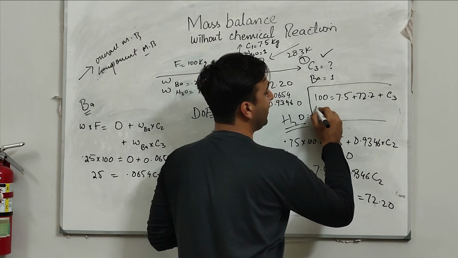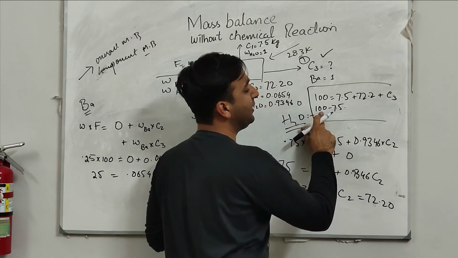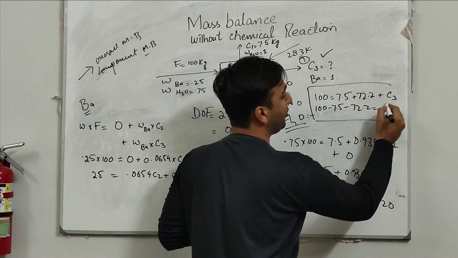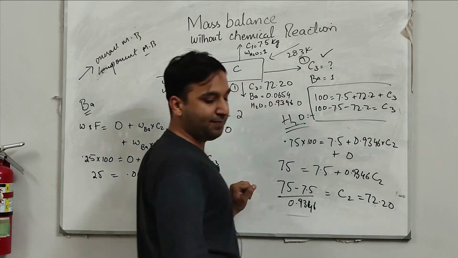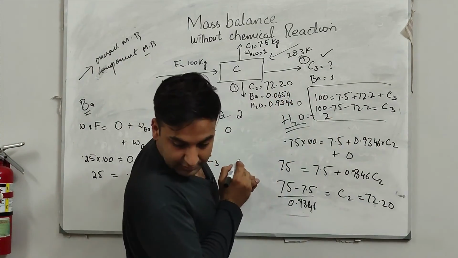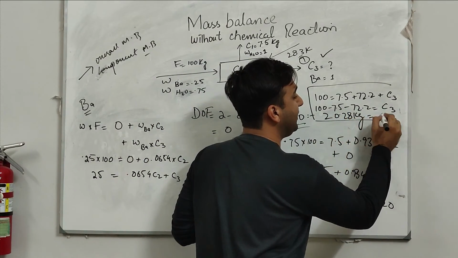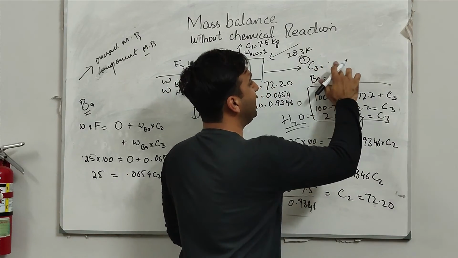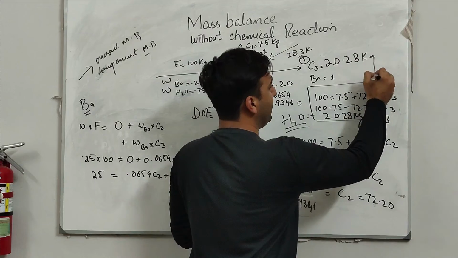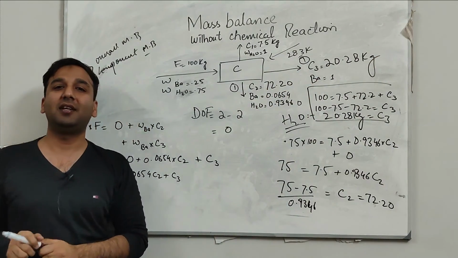So now you can subtract 7.5 from 100, also 72.2. So you will be left with C3. So the amount of C3 is 20.28 kg. So in this way we have found out the yield of crystals that have been produced in this question.